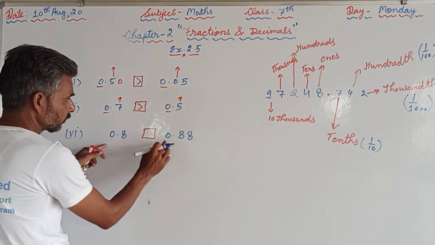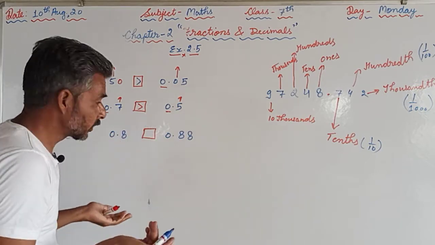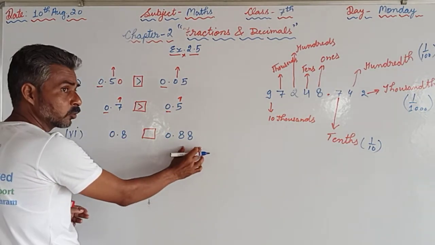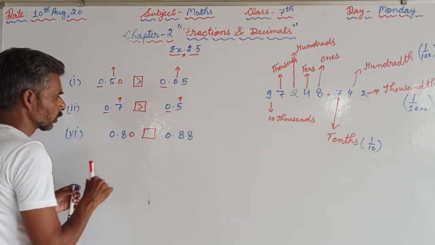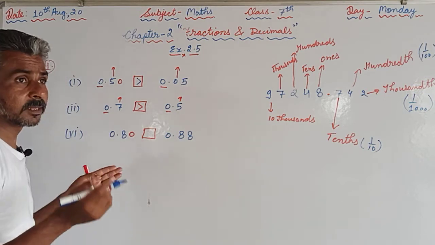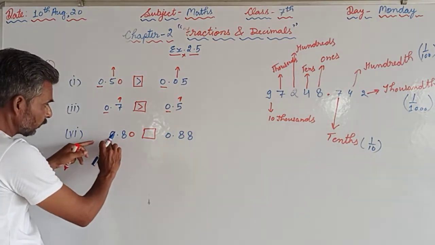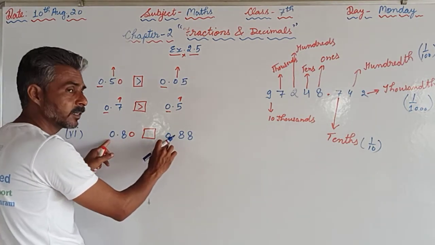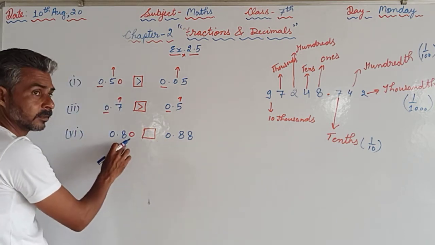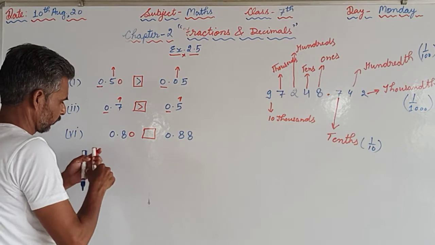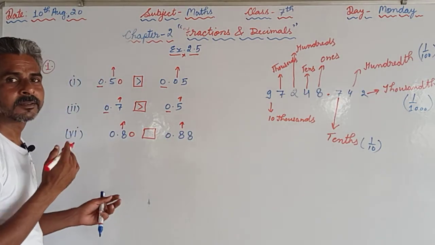After the decimal, here we have two digits, here we have one digit, so we will place one more. So we will start comparing from the left hand side, ones place here 0, ones place here 0, that is equal. Now we move towards the tenths place. Here it is 8, here it is 8, again equal.